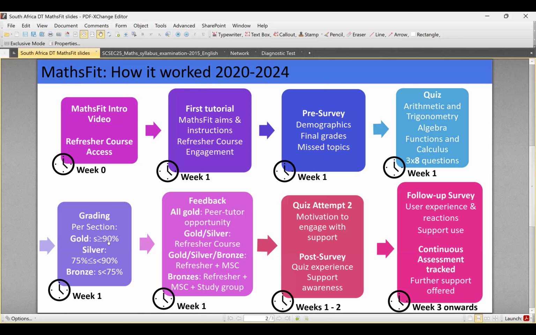Again, there was a follow-up survey and a comparison of how students did in the continuous assessment in the course compared to how they did in the quizzes. Anthony has lots more on that. As I say, I wasn't directly involved in that, so Claire would probably be the best person to talk about that and all the analytics from it.